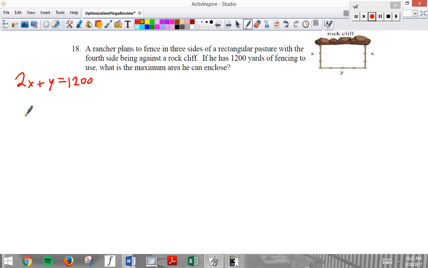I want to maximize the area, which is xy. If I solve for y, it would be 1,200 minus 2x. And therefore the new area function I get is x times 1200 minus 2x.